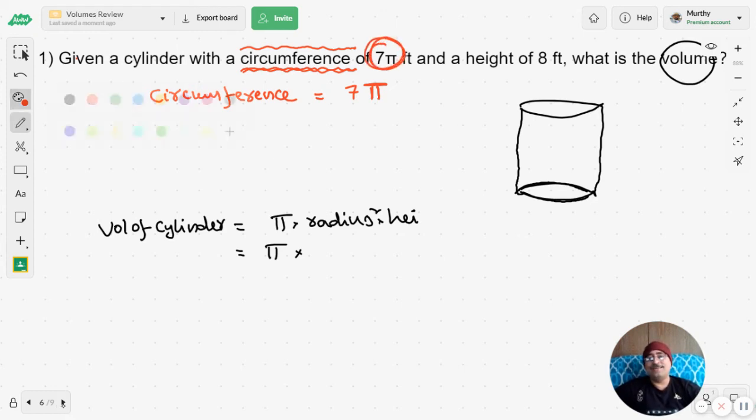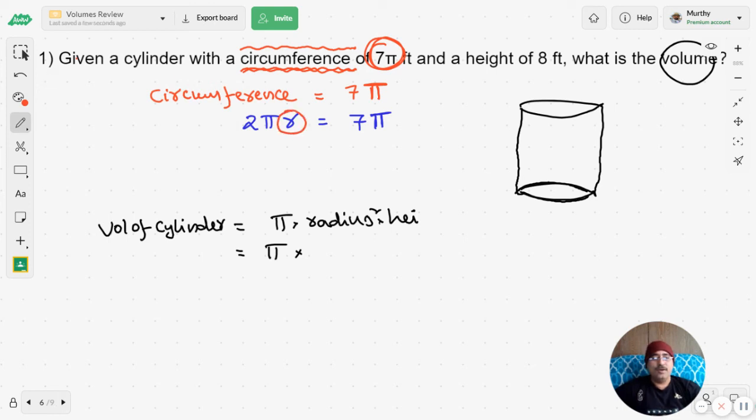But I know that the circumference formula is 2 times pi times r, so 2 pi r equals 7 pi. Listen carefully. The area of a circle is pi r square and the circumference is 2 pi r. Now how to isolate r?